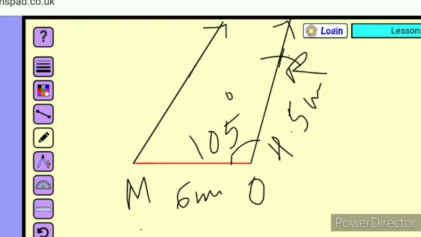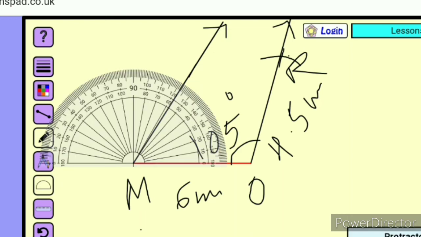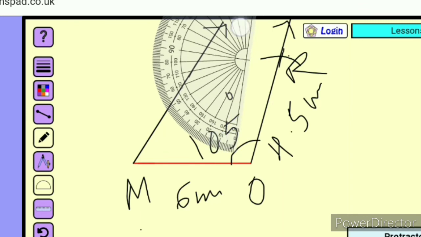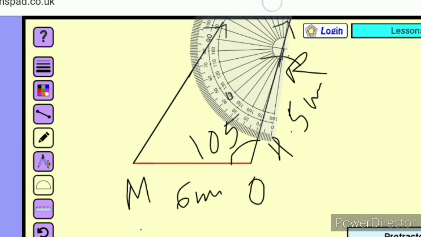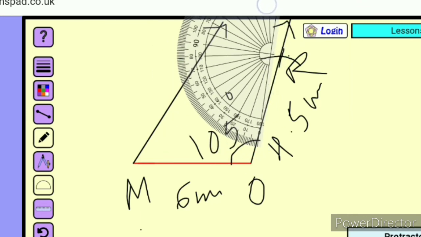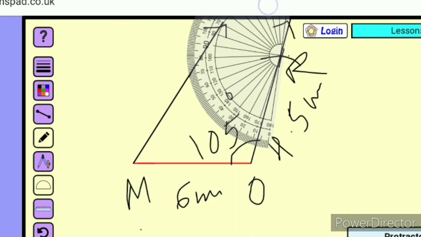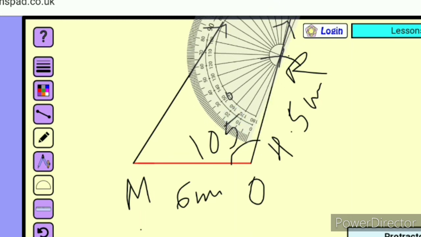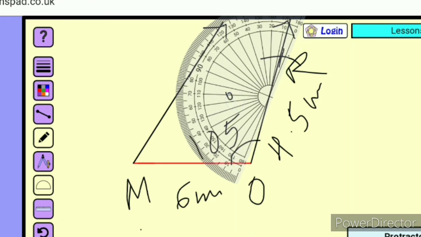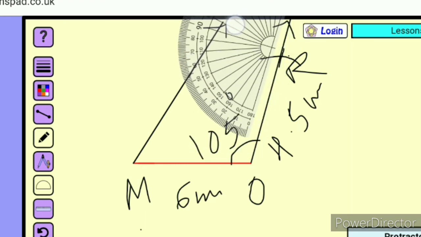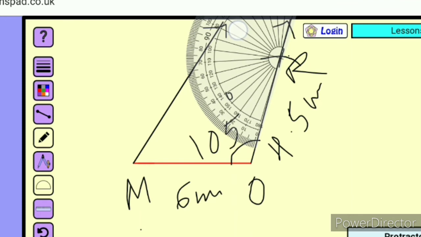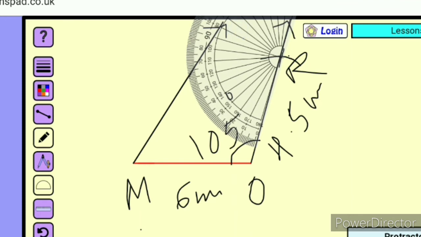Now at R, the remaining angle R is 105 degree. So keep the protractor in this way on OR. Here on OR, you should check where the 0 unit is, outer or inner. Outer scale unit you should take.